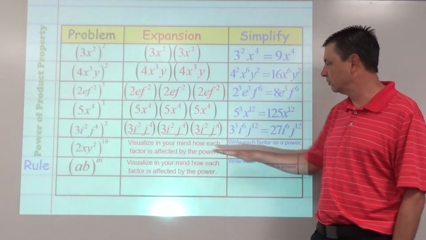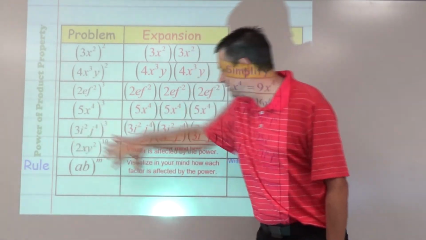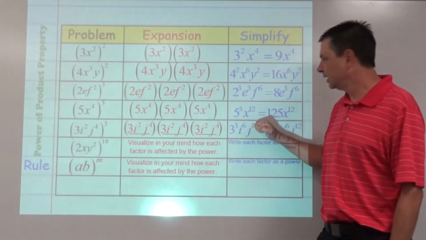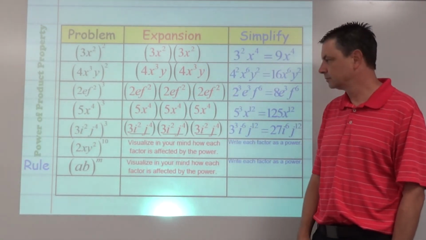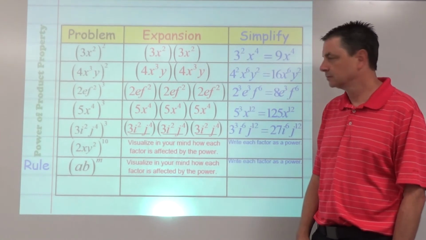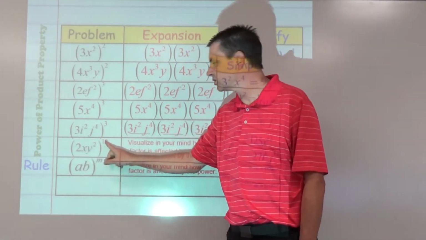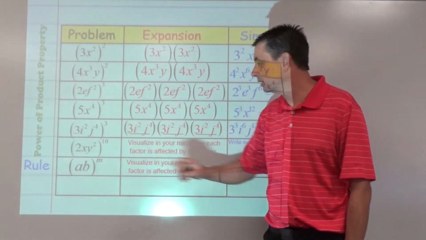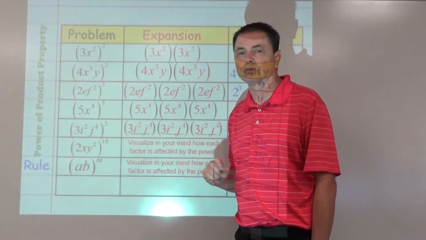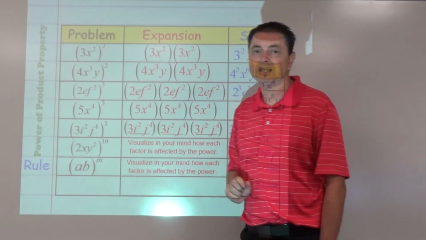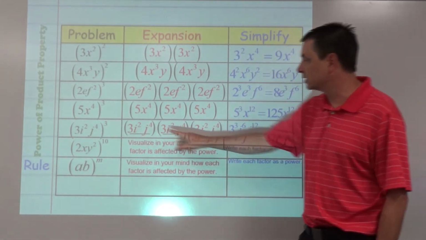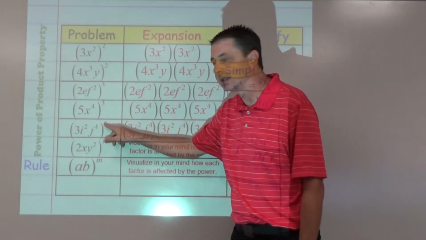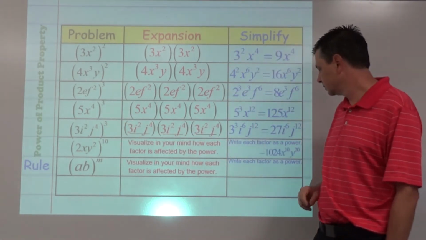All right, so visualize, what does this turn out to be based on this problem getting to this answer? 2 gets raised to the 10th, x gets raised to the 10th, y squared gets raised to the 10th, meaning that we multiply the exponents. 4 became 12 by multiplying by the 3 here.